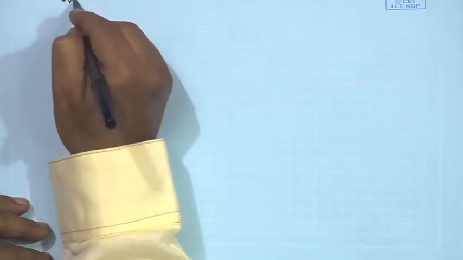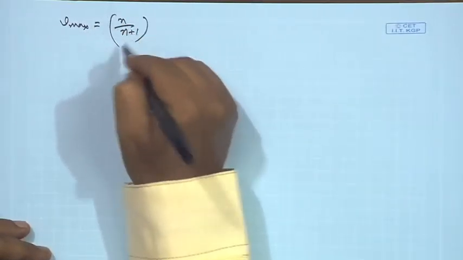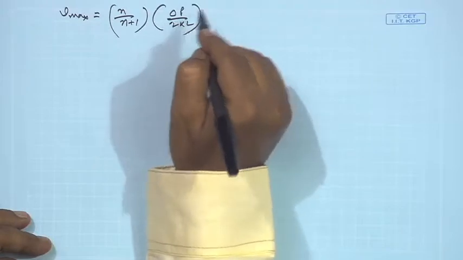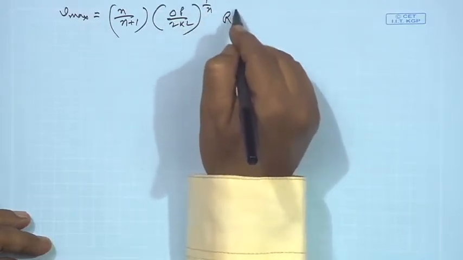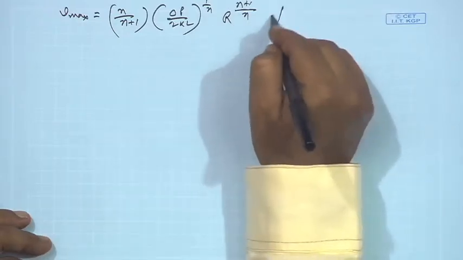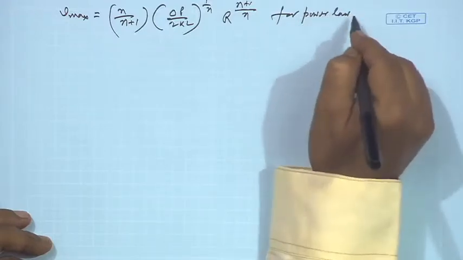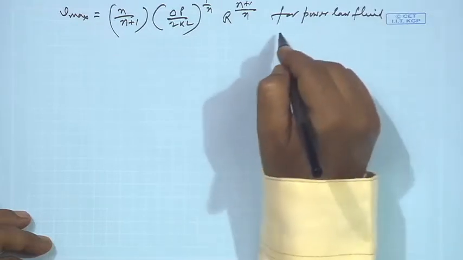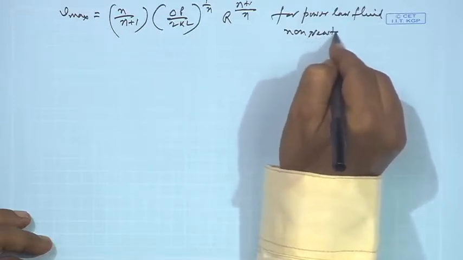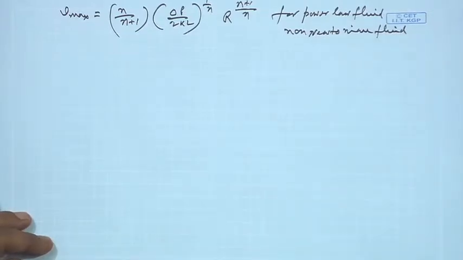So, v max equal to n by n plus 1 into delta p by 2 k L to the power 1 by n r to the power n plus 1 by n. This is for any power law fluid, or conventionally we call it non-Newtonian, for any non-Newtonian fluid.